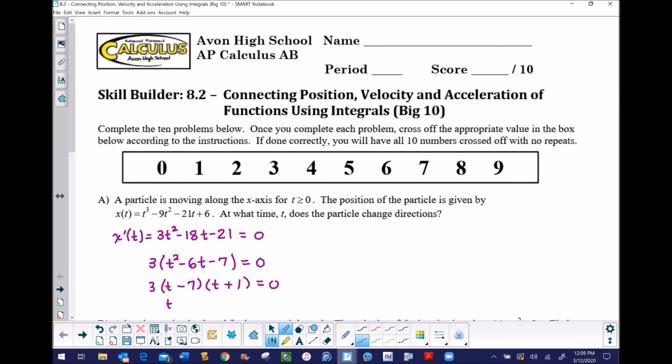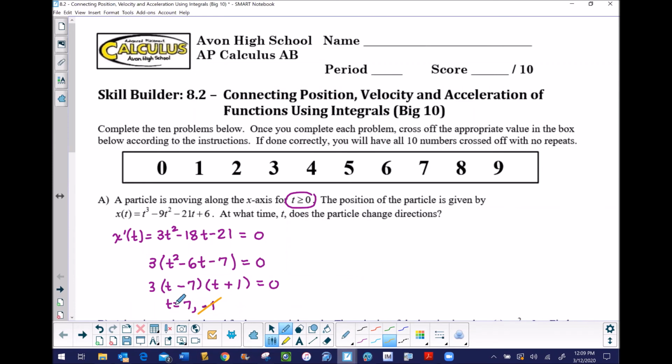What this means is that t is either positive 7 or negative 1. Now, because time is always a positive number, it seems pretty illogical that t equaling negative 1 is even a possibility in this question.